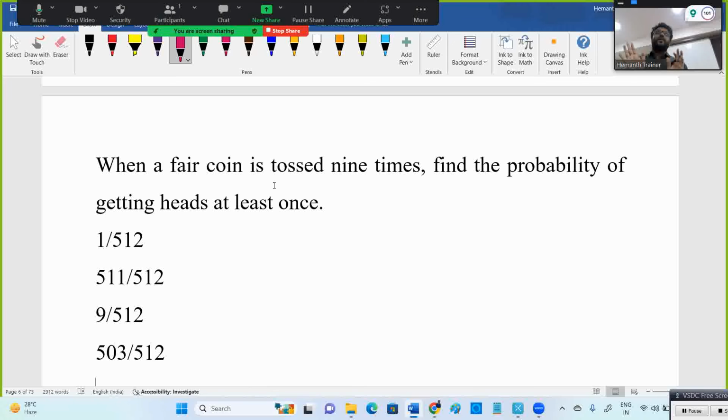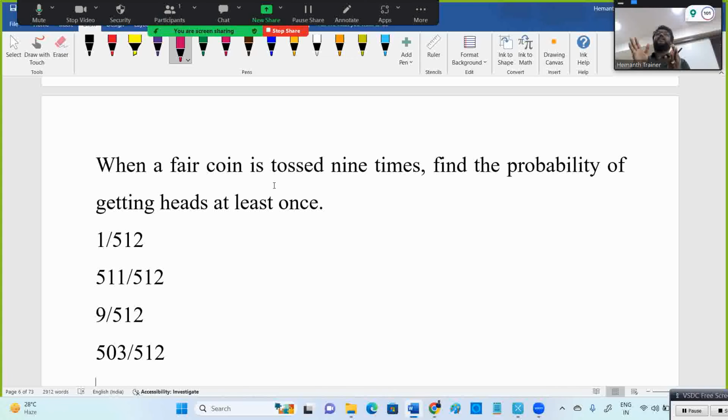Is it 8? I am clearly mentioning "and": tossing a coin and rolling a die means multiplication, right? So 2 into 6, 12.